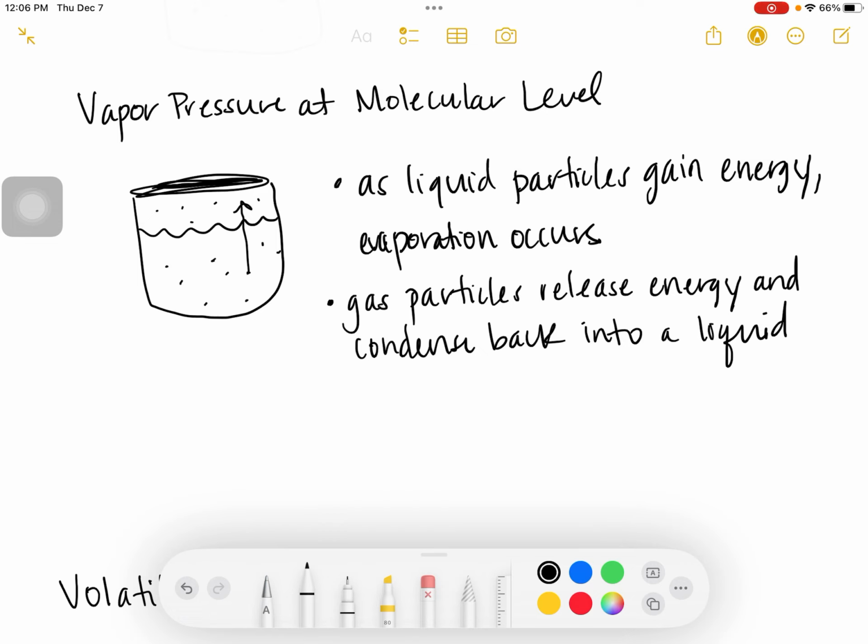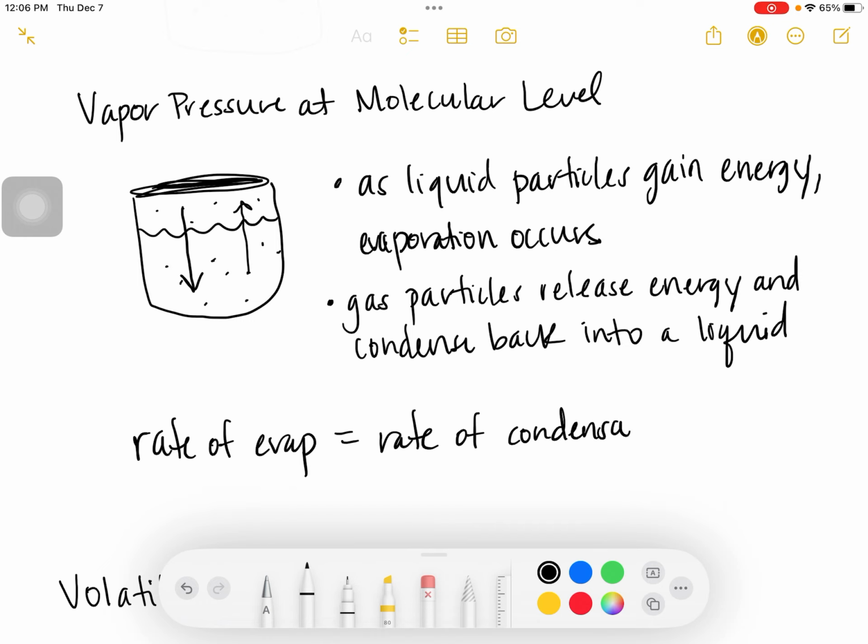So what eventually happens is that we have evaporation occurring just as condensation is occurring. And eventually we say that the rate of evaporation is equal to the rate of condensation. And this idea of the rates being equal is discussed as something called an equilibrium.